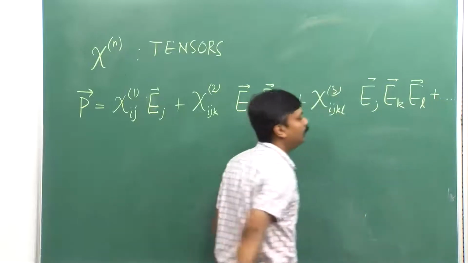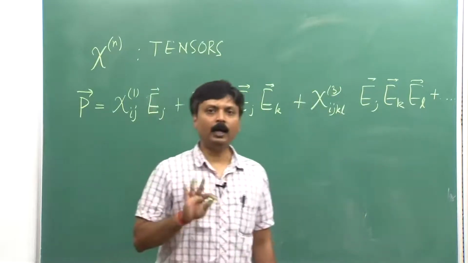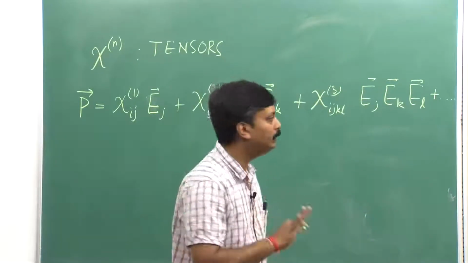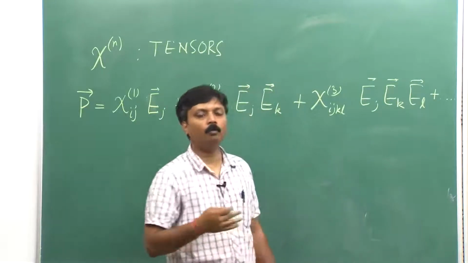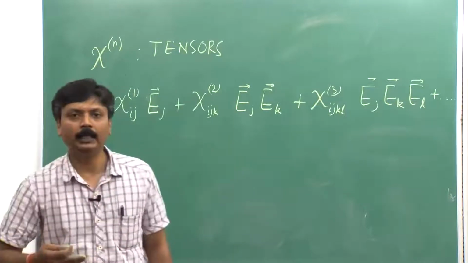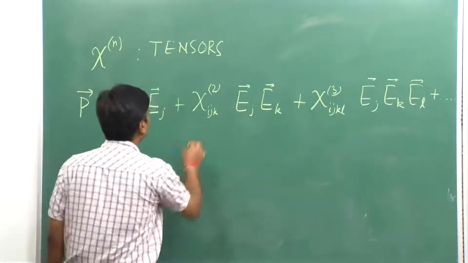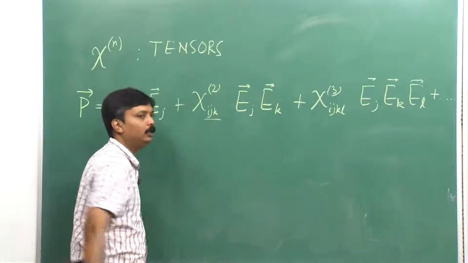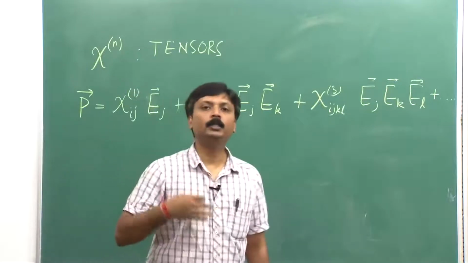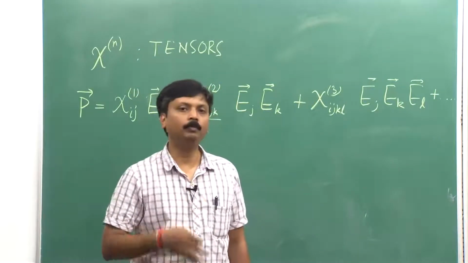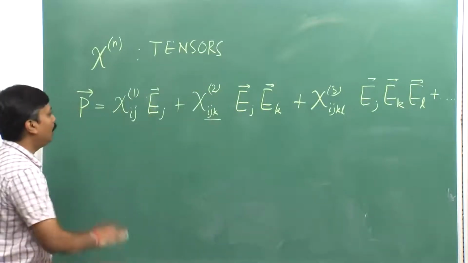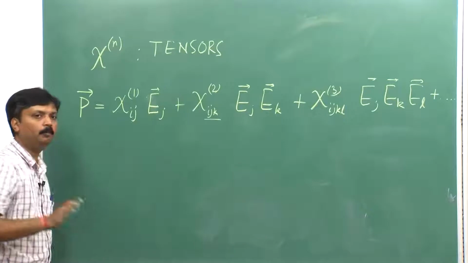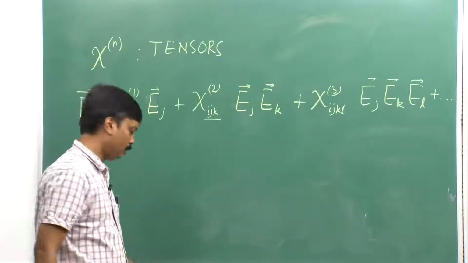Why did we write like this? Because chi is a tensor, and tensor will define the directionality of the electron oscillations, and I must specify the Cartesian components of the particular susceptibility tensors. So, this is how we write the expression for polarization in a general way.